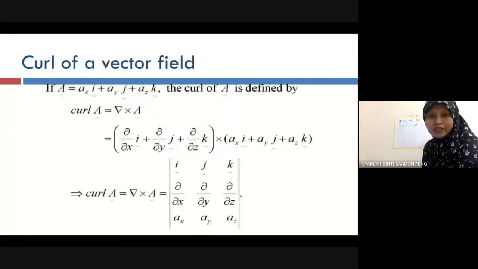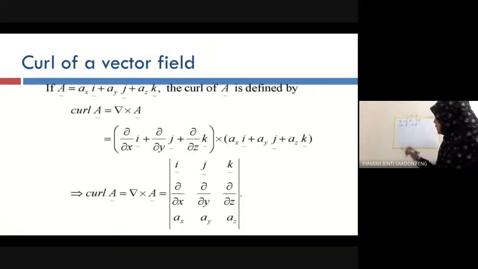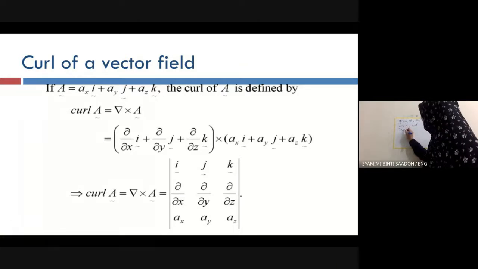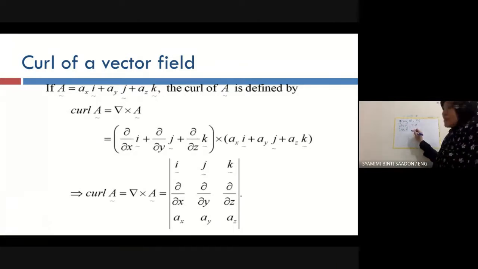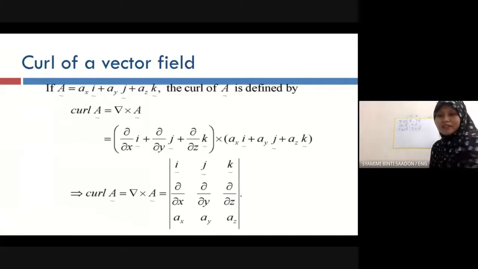And then curl. Curl is the cross product of a vector, which we can write like this. So it goes from a vector to a vector.